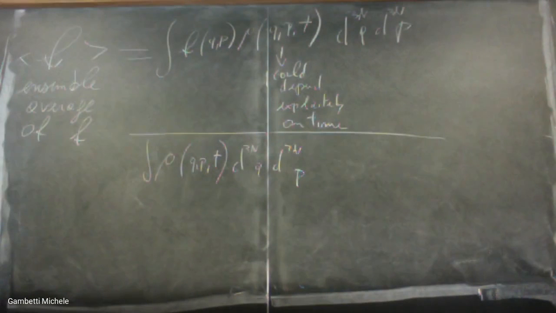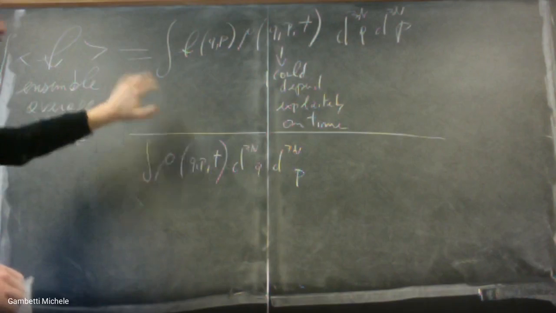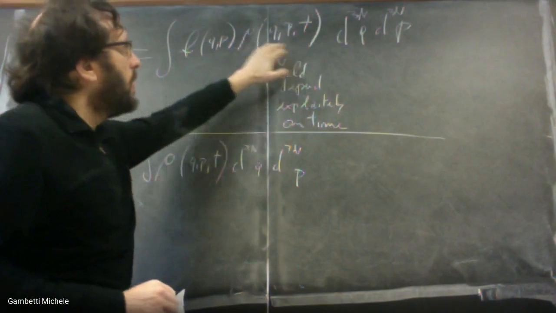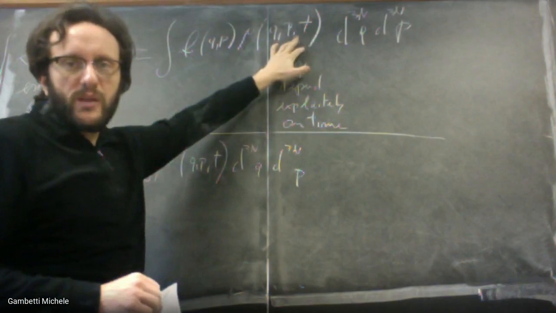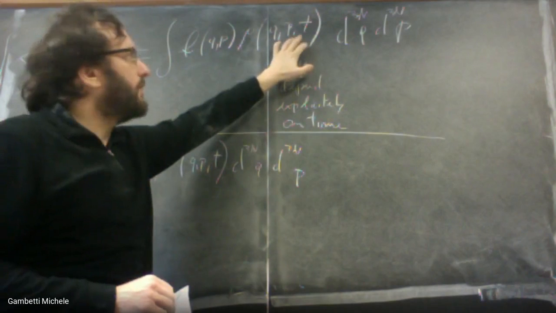Now, what I'm saying is basically that thermodynamics is recovered when these averages are done on a rho which does not have an explicit dependence on t.